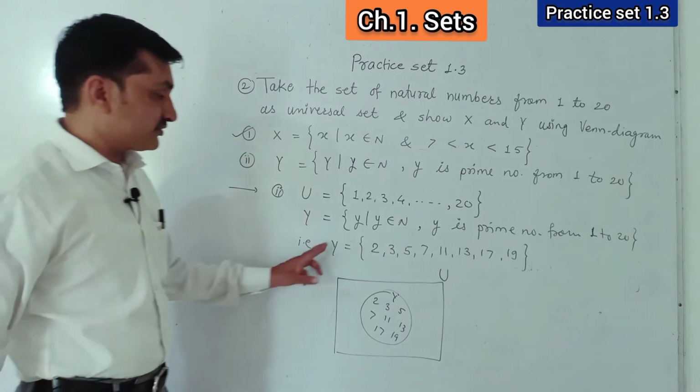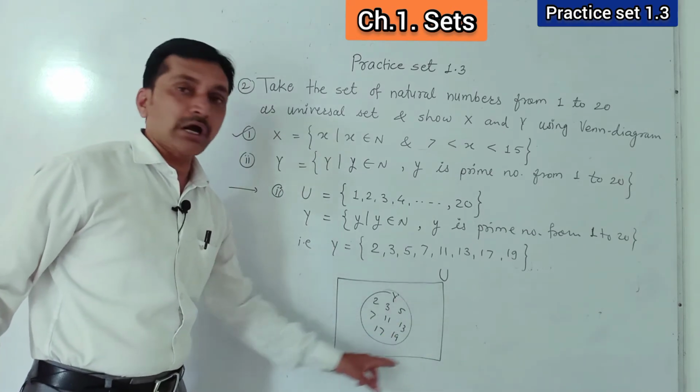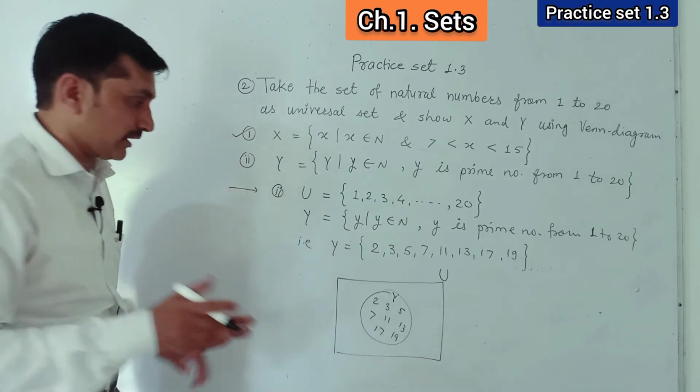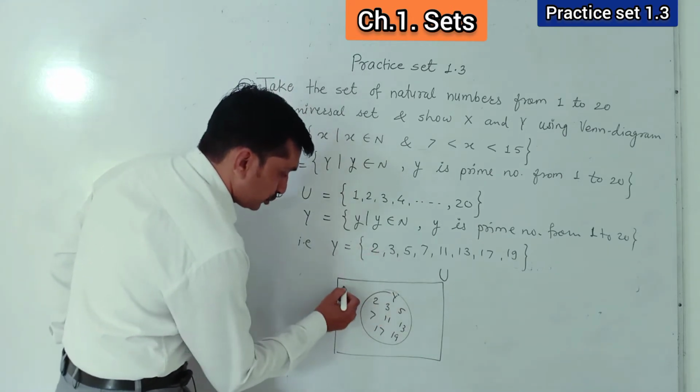These are elements of set Y, and the remaining will go outside the circle but inside the rectangle only, not outside the rectangle. Now which are left?